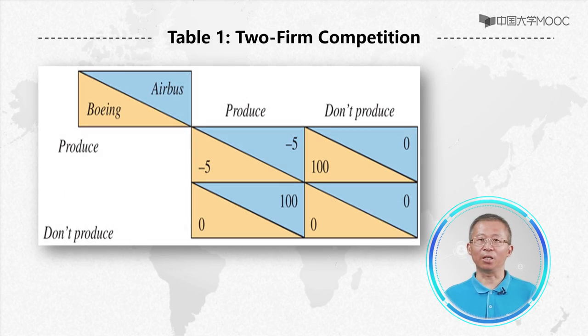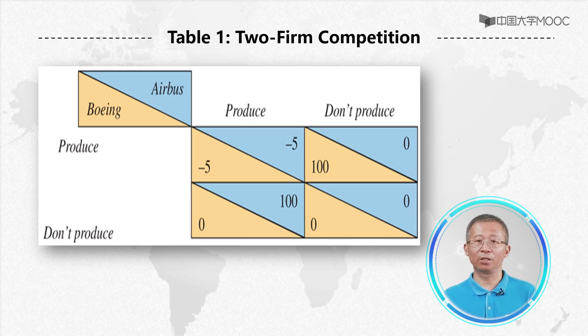We use game theory, the modeling of strategic games between firms as they choose actions that will maximize their returns. In the payoff matrix, each row corresponds to a particular decision by Boeing, each column to a decision by Airbus.